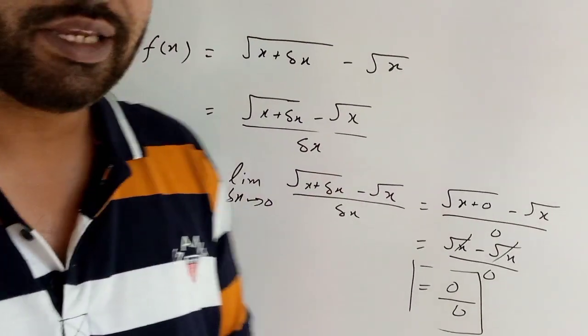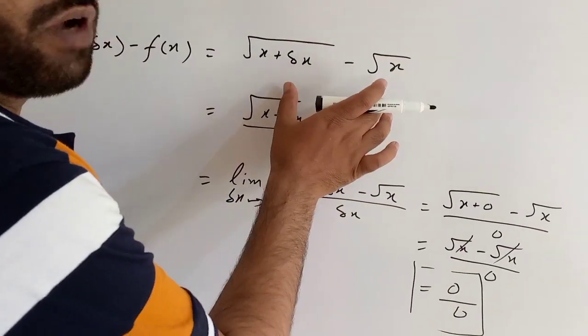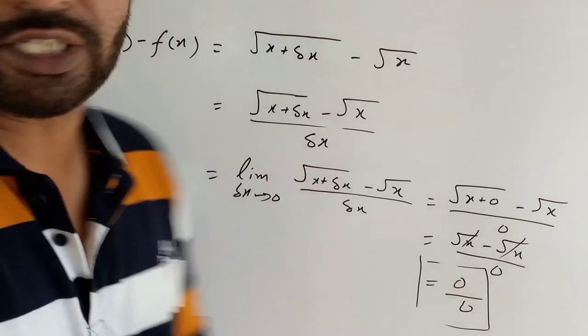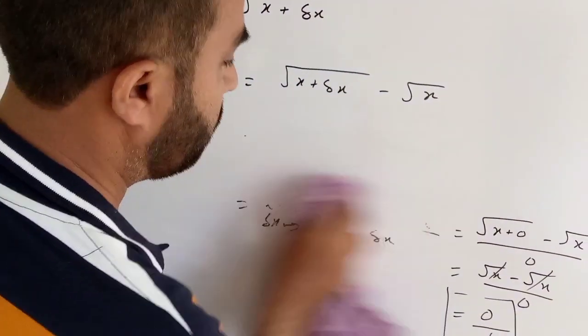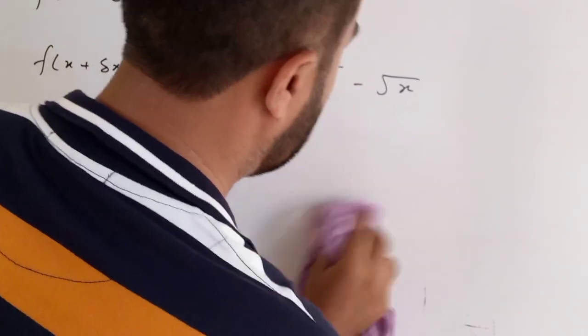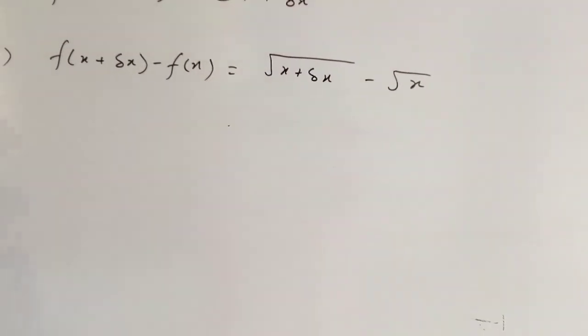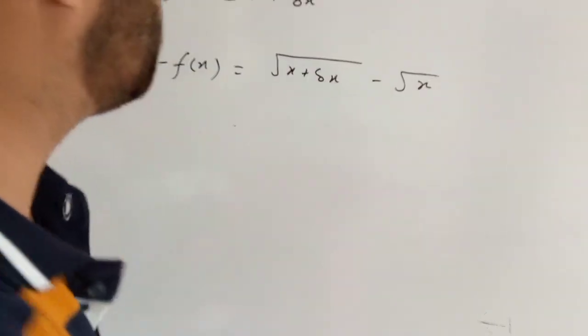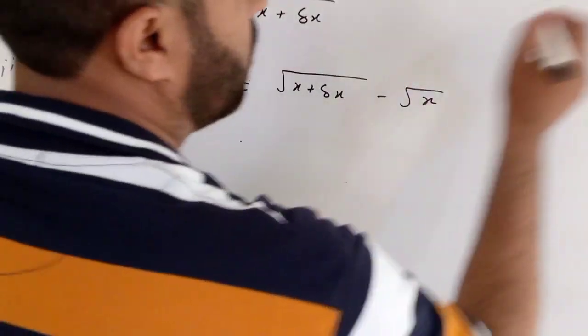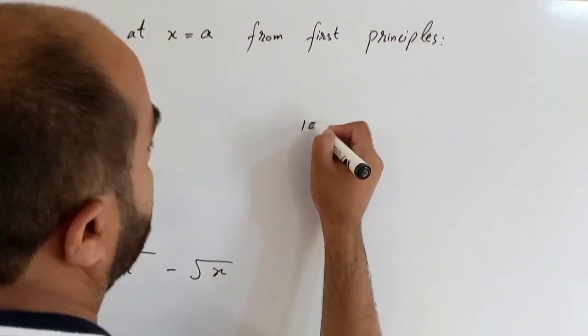So in order to find the derivative for this kind of function, what do we have to do? We have to rationalize this term. How to rationalize? Let's suppose we have a term 100.